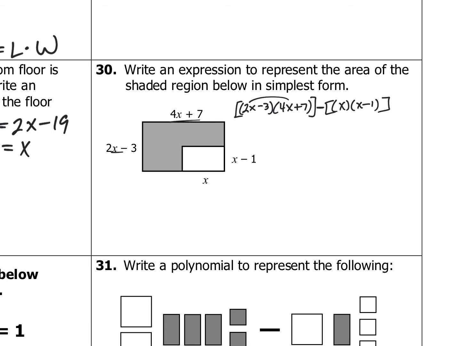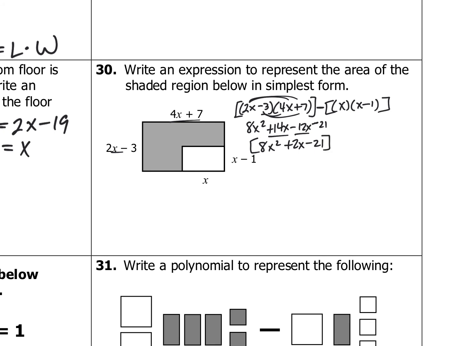So 2x times 4x is 8x squared. 2x times 7 is 14x. Negative 3 times 4x is negative 12x. And negative 3 times positive 7 is negative 21. Okay, so I can combine my inside terms and I get 8x squared plus 2x minus 21.